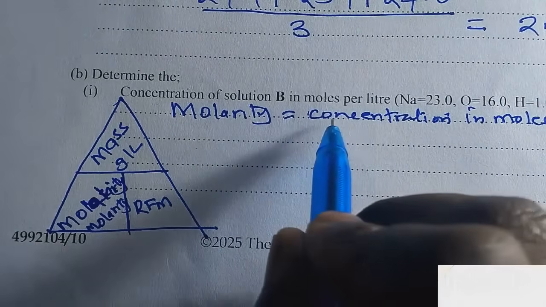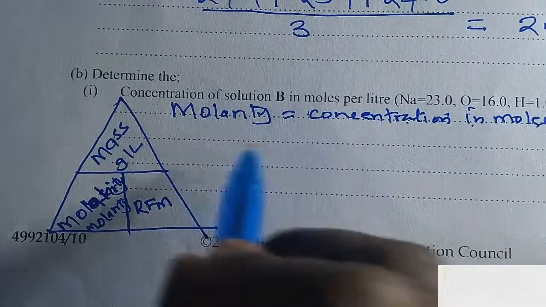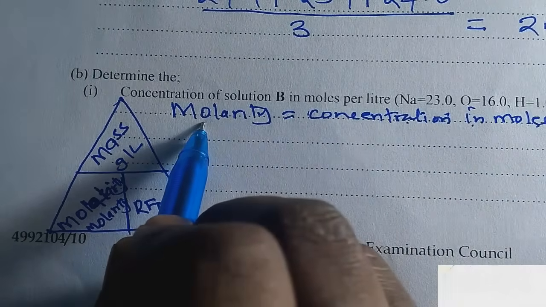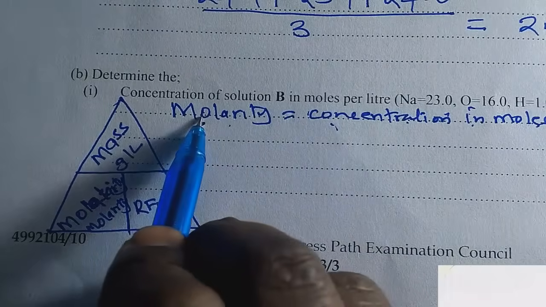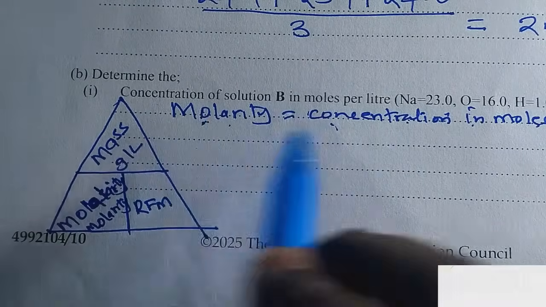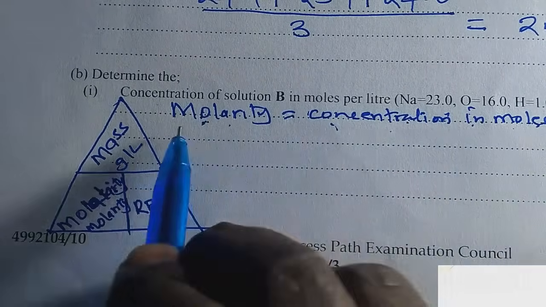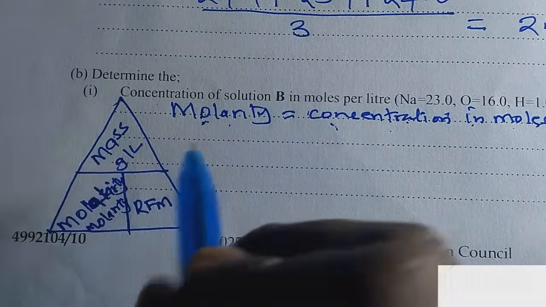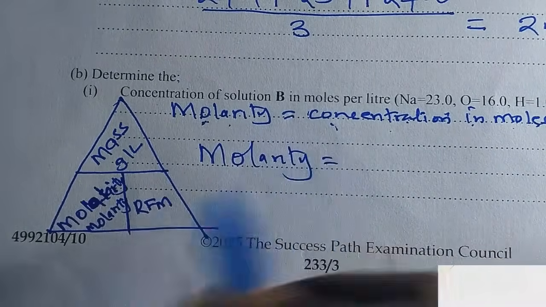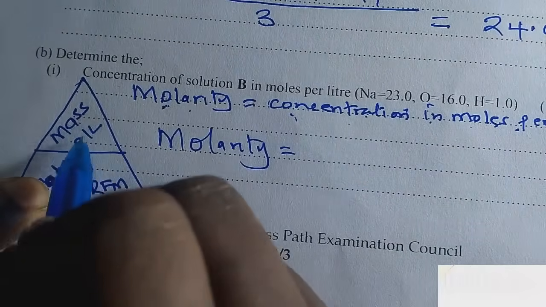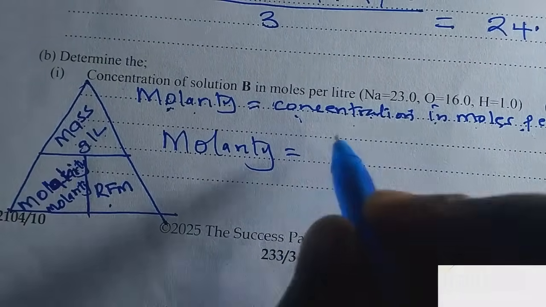When you are asked to calculate the concentration in moles per liter, they are asking you to calculate molarity, because molarity is the number of moles in a liter. So they are asking you the same thing. Therefore, you write here: molarity is equal to mass in grams per liter over RFM.